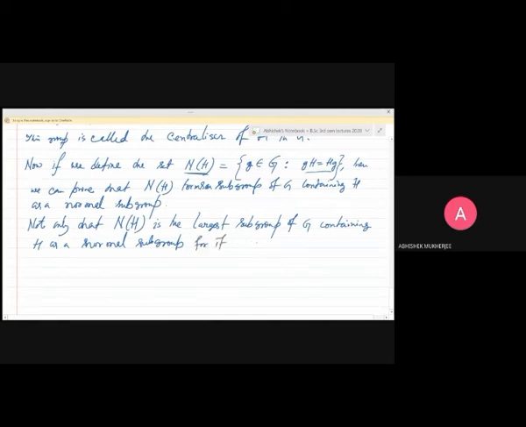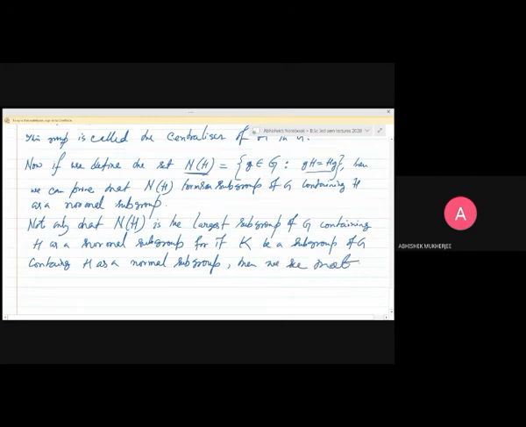If K is a subgroup of G containing H as a normal subgroup, then for all x belongs to K, we must have xh equal to hx, right?